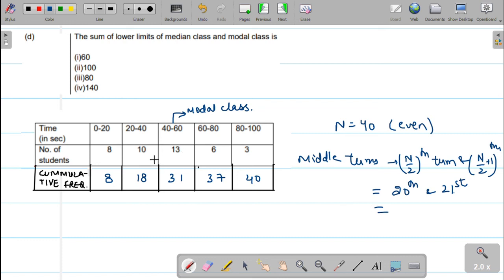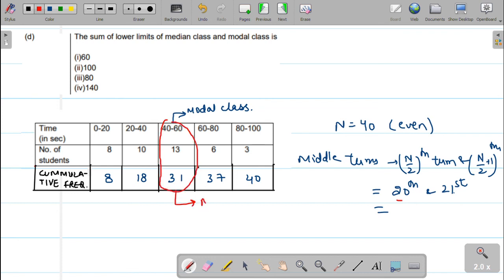Which are, according to the data, if we look at now, see, you have from 20 to 40, you have 18 terms in all, including 0 to 20, these 8 terms, and 20 to 40, 10 terms. So till 40, you have total 18 terms. So the next 19th to 31st term are in this class 40 to 60. So 20th and 21st term should be ideally lying in this class only.